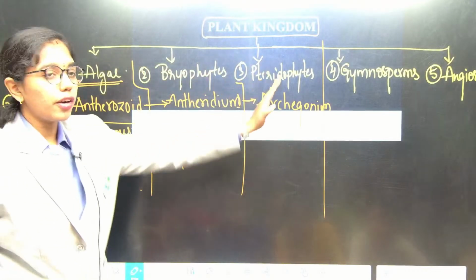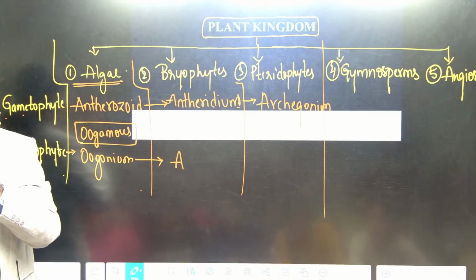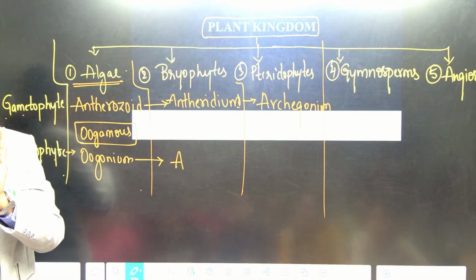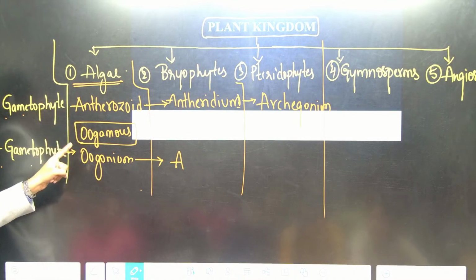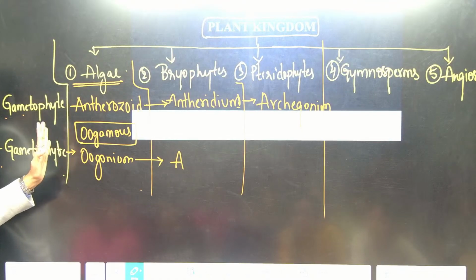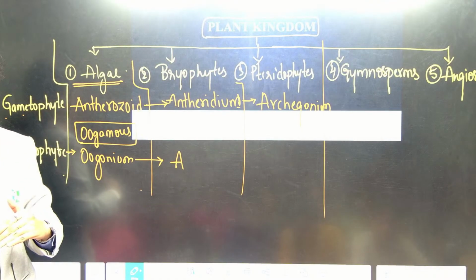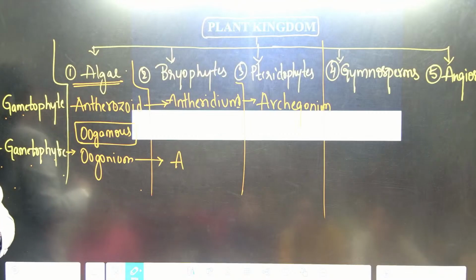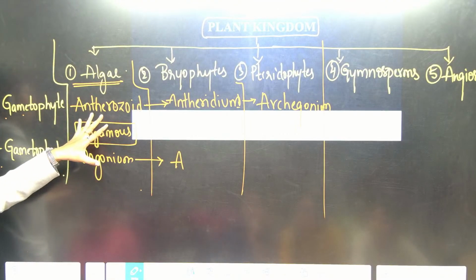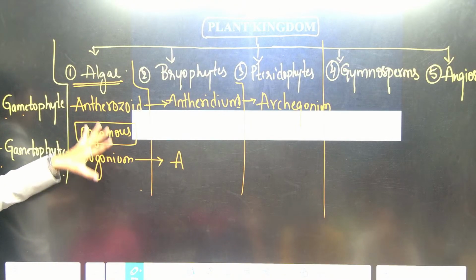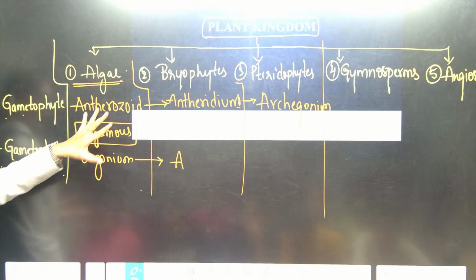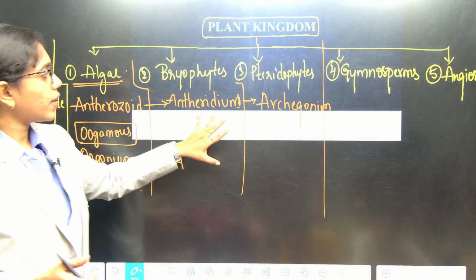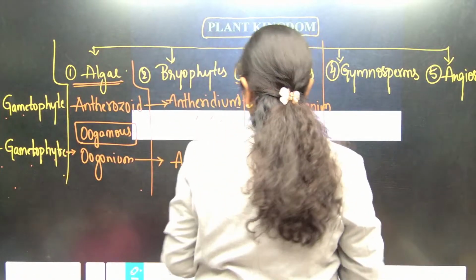In bryo and pterido, you can see jacketed sex organs enclosing this male and female gamete. Whereas in algae, do you see any such jacketed sex organs? No, except in advanced classes, like in Chara you see nucleus and globule, but we are talking about the primitive forms, they do not have the jacketed sex organs. Here bryophytes and pteridophytes you have what? Antheridium and archegonium.